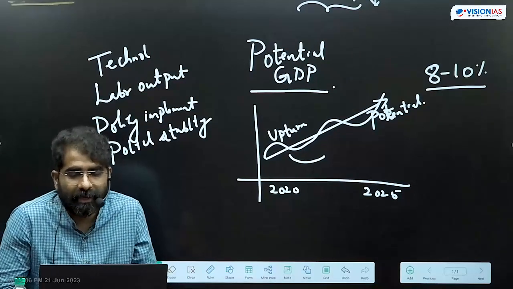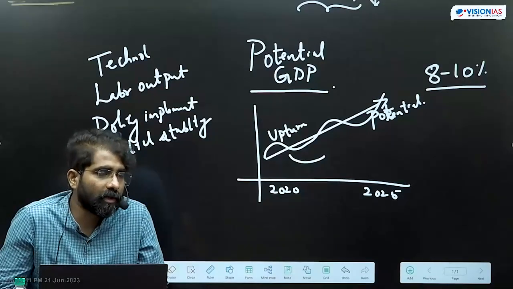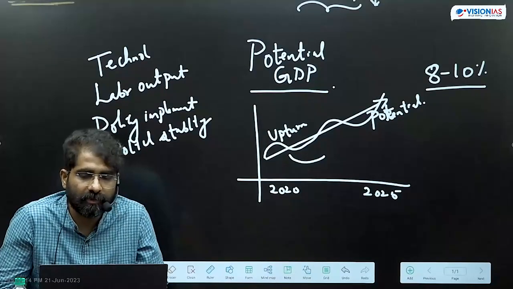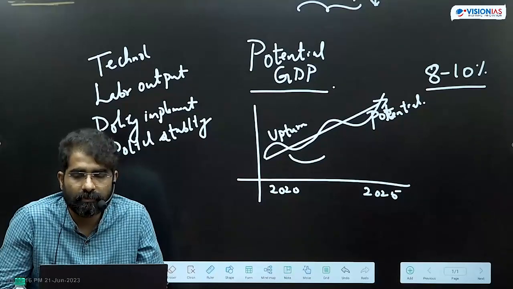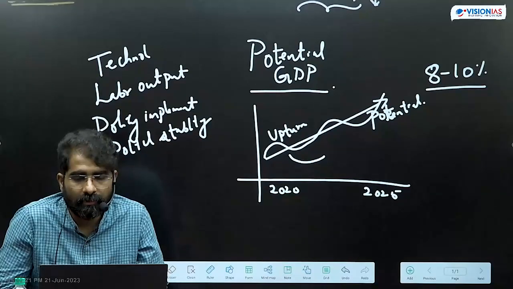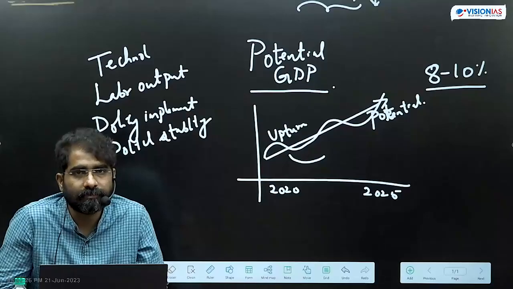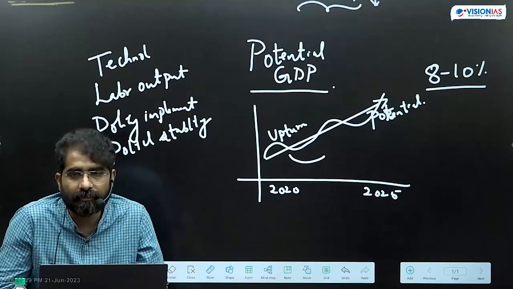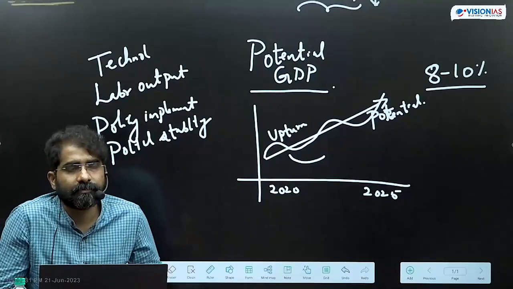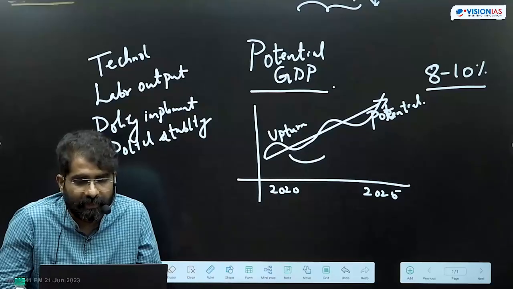Countries with lower capital output ratios can expect higher potential GDP. Okay. Then technological efficiency.